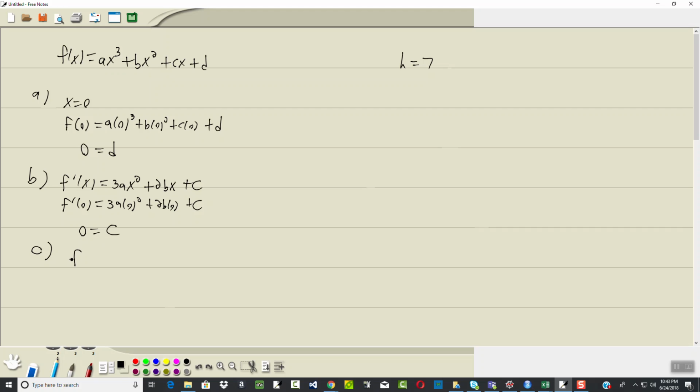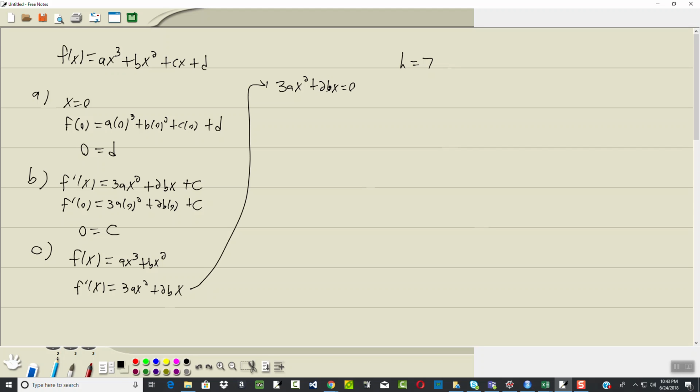So what we're dealing with is f of x is equal to ax to the third plus bx squared. Now if I find the derivative of this, it's going to give us 3ax squared plus 2bx. Now I'm going to set that equal to 0.